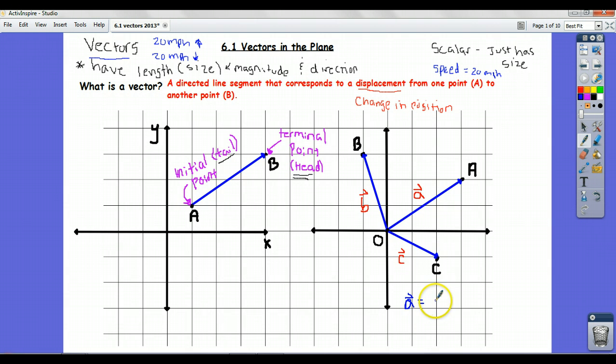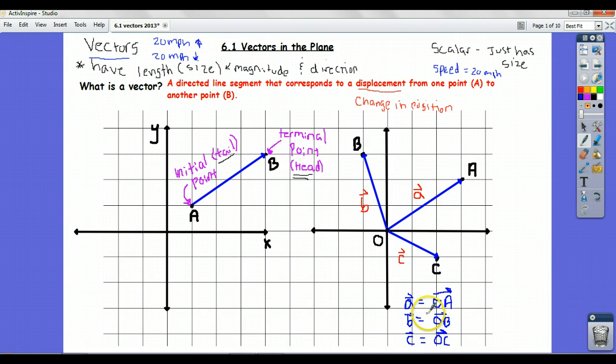What you could also do is say the vector starts at O and ends at point A. And to describe that it's going from O to A, we'd put the arrow starting at O and going towards A. So vector B, we could say it starts at O, ends at B. And likewise with vector C. Starts at O, ends at point C. Okay, so those are just different ways of naming vectors.